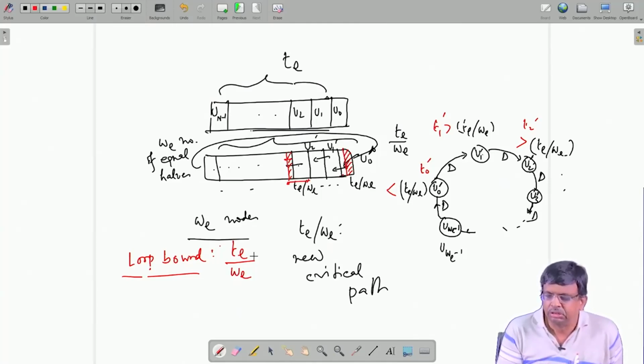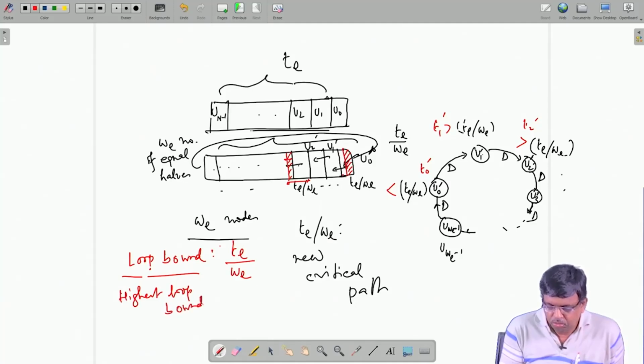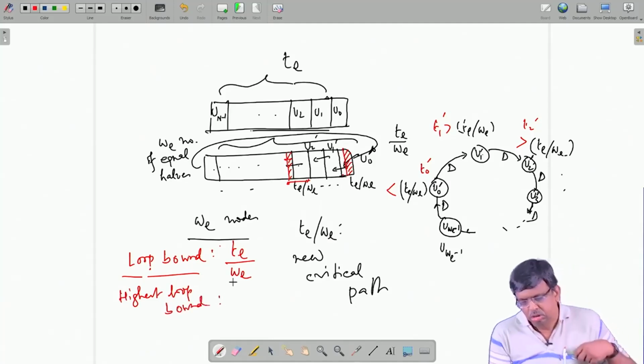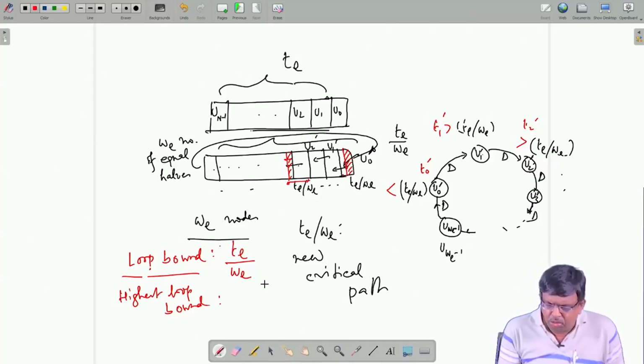This is the best. And then suppose you have many loops in the DFG. Then whatever is the highest loop bound is called the iteration bound.